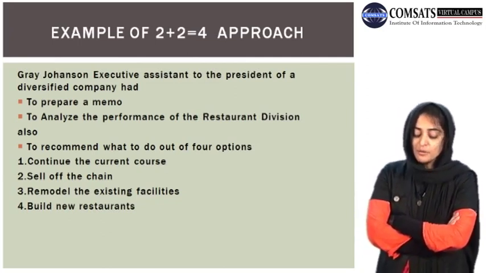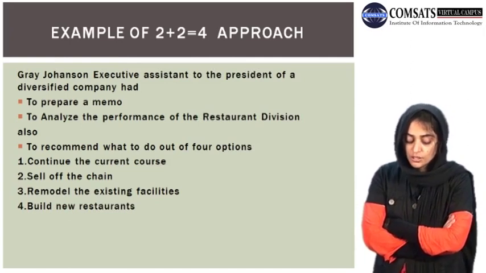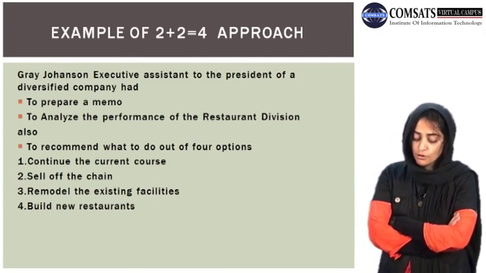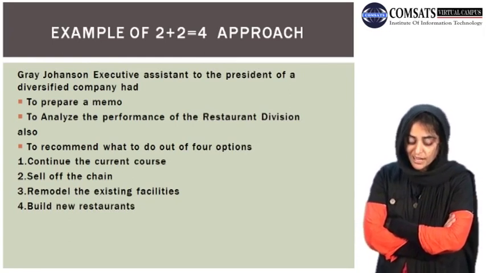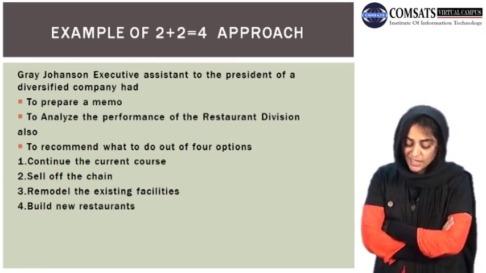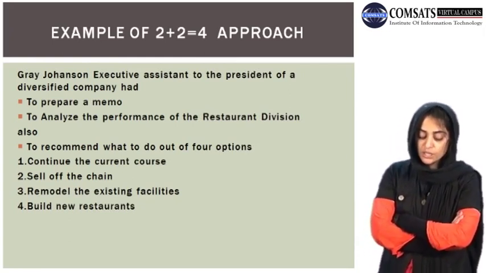To analyze the performance of the restaurant division, to recommend what to do out of the 4 options: continue the current course, sell off the chain, remodel the existing facilities, and build new restaurants.